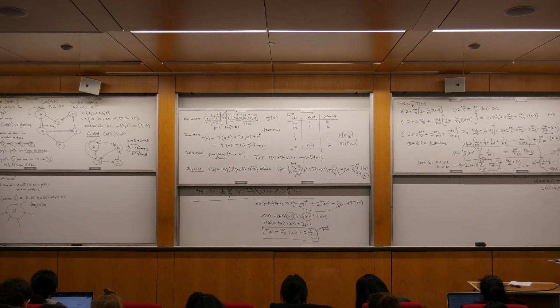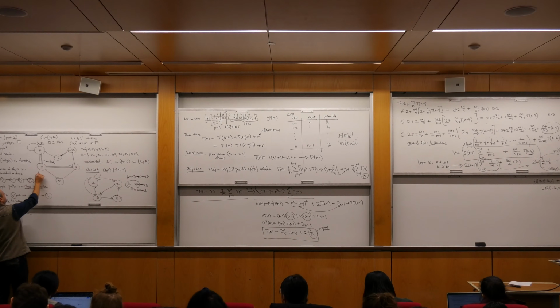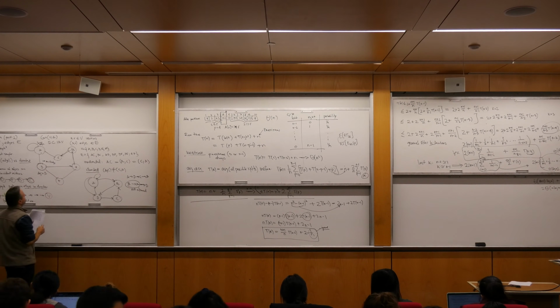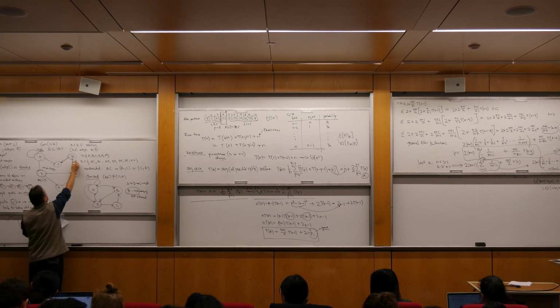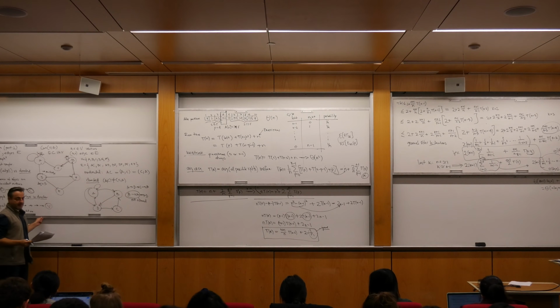In this example, 5. What's the degree of this D here? 3. It's a simple graph. We draw extra edges just for the purpose of illustration, so the degree is 3, right? What's the degree of this B here? 2. 2, and so on and so forth.